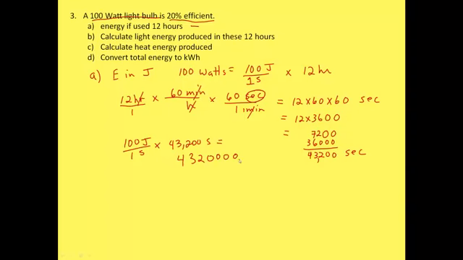You count back 1, 2, 3, put a comma in, 1, 2, 3, put a comma in. But that's a total of 4.32 times 10 to the 6th joules of energy for the answer in A. This is also the same as 4.32 times 10 to the 3rd kilojoules.